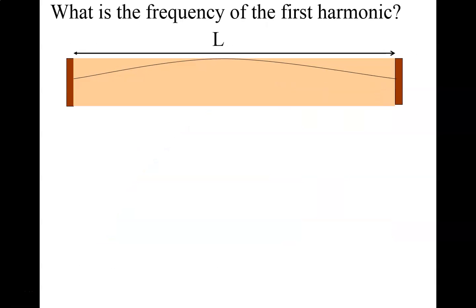So what's the frequency of the first harmonic? So this is the bridge of a guitar, if you bear with me. The wavelength of the first harmonic is equal to 2 times the total length between the ends of the string.